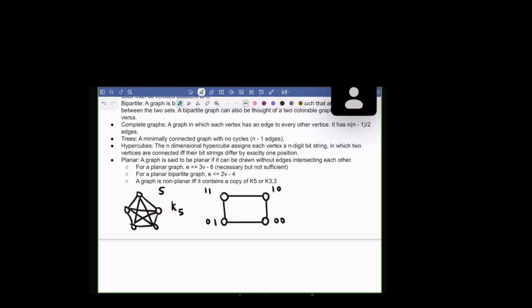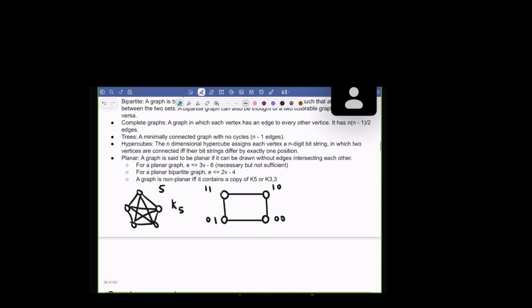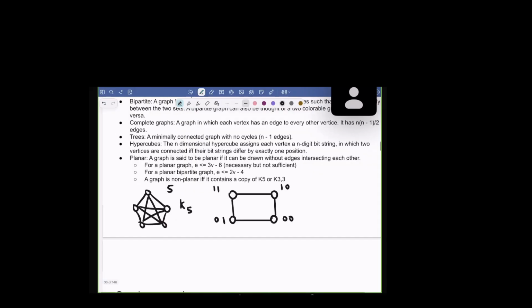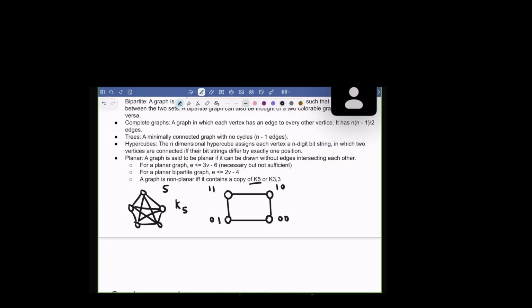And for planar graphs, there are some conditions here. I would recommend also putting these on your cheat sheets. In general, when you want to prove whether a graph is planar or not, you see if it contains this K5 structure, which I drew out here, and this K3,3 structure, which let me just draw out really quick.